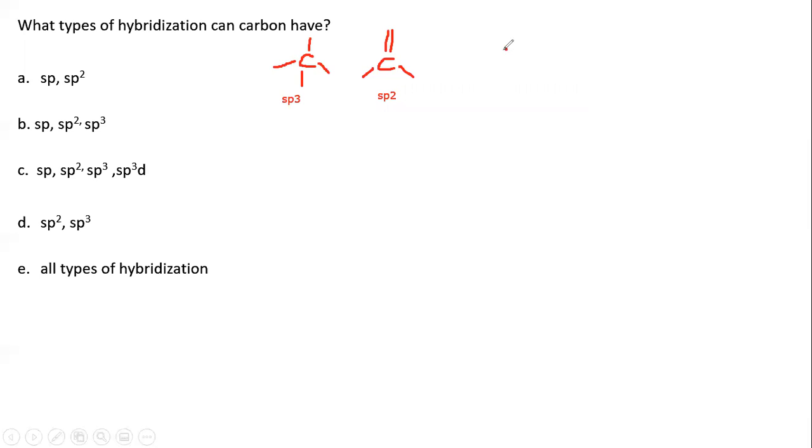And then the other type of bonding motif for carbon is 1 single bond and 1 triple bond, or 2 double bonds. Here, both of these forms of carbon have 2 electron pairs. So this would be sp hybrid orbitals. These are the only hybridizations carbon can have depending on what types of bonds surround carbon. So sp, sp2, sp3. So B here.